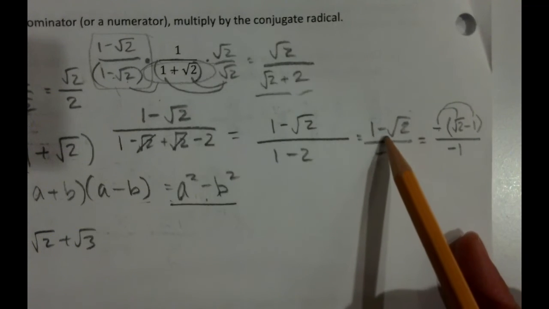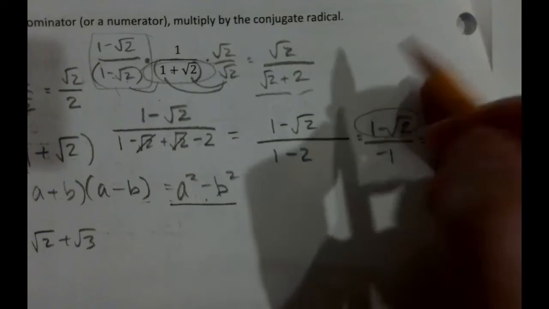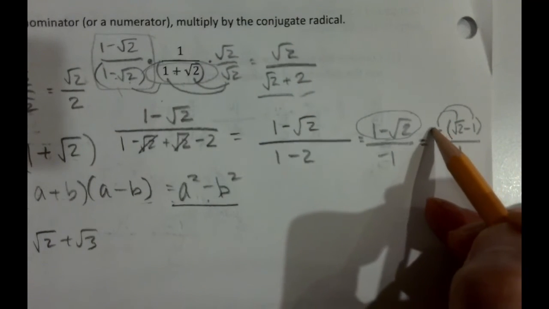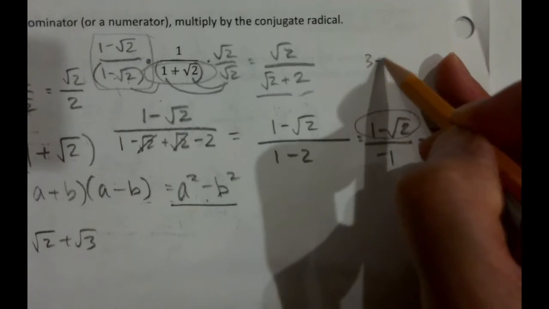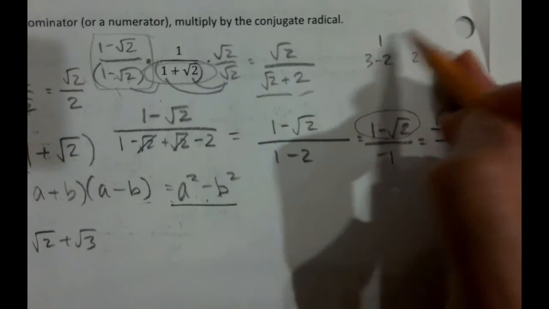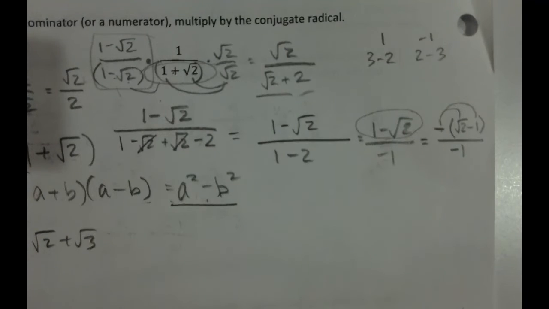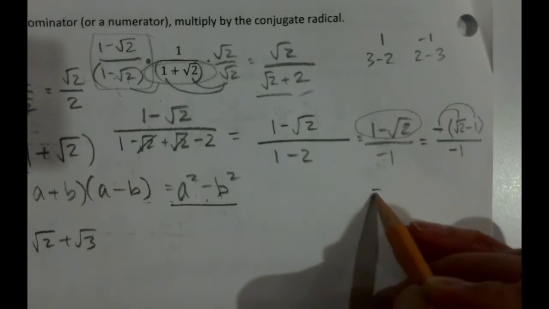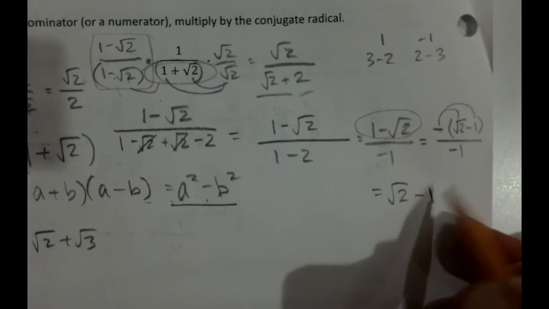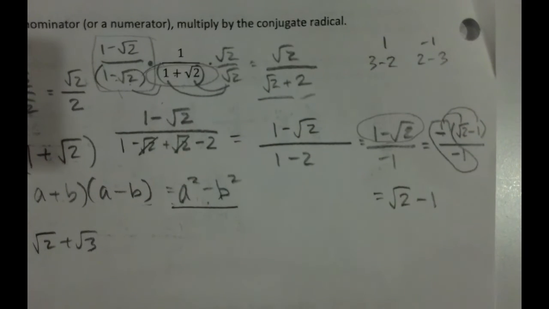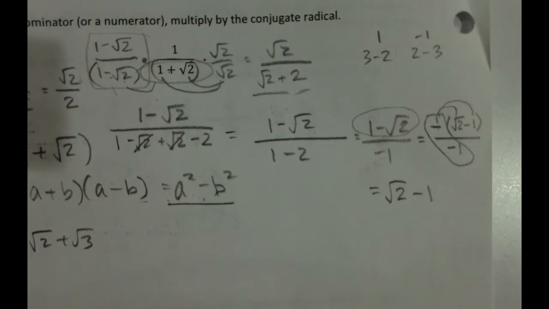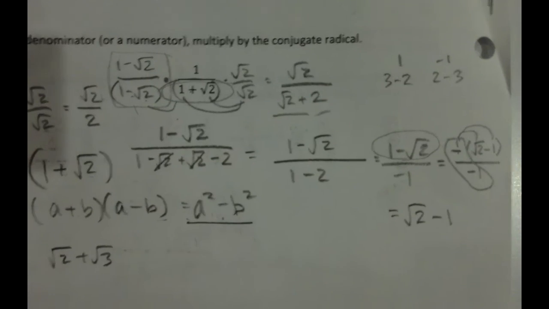Or you'll begin to recognize I can flip the order and take the negative out. Kind of like 3 minus 2 and 2 minus 3 are opposites, 1 and minus 1. If I exchange the order, I'm finding the difference, but in the other direction. So this simplifies down to root 2 minus 1, because those two cancel out.